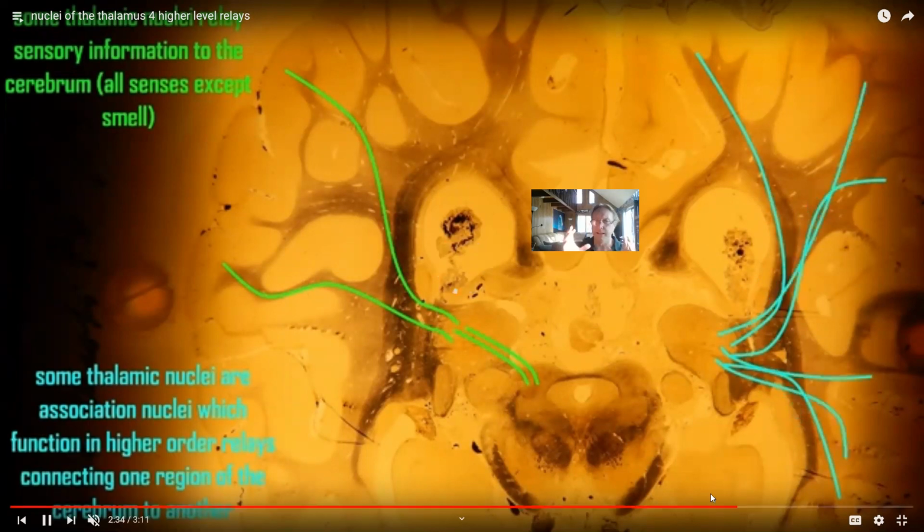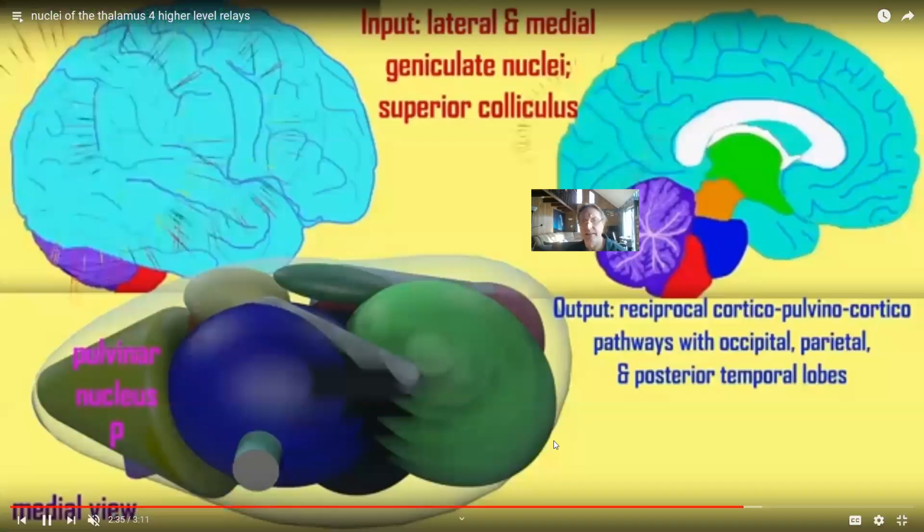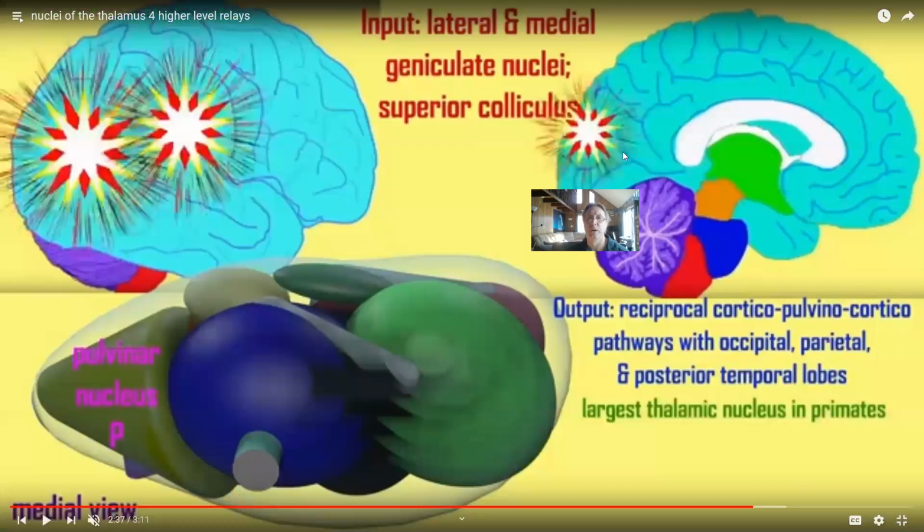So once again, this is a lot, and there's a lot of subdivisions, and obviously I have this here. But once again, there can be reciprocal paths where the cerebrum is sending a message this way from one part of cortex to the pulvinar nucleus of the thalamus to another region of the cortex, and then that region of the cortex can send a message back so that the occipital, parietal, and temporal lobes can talk to each other.